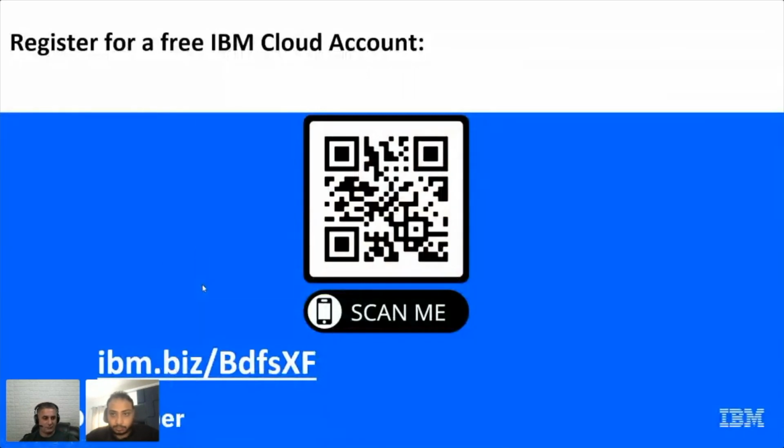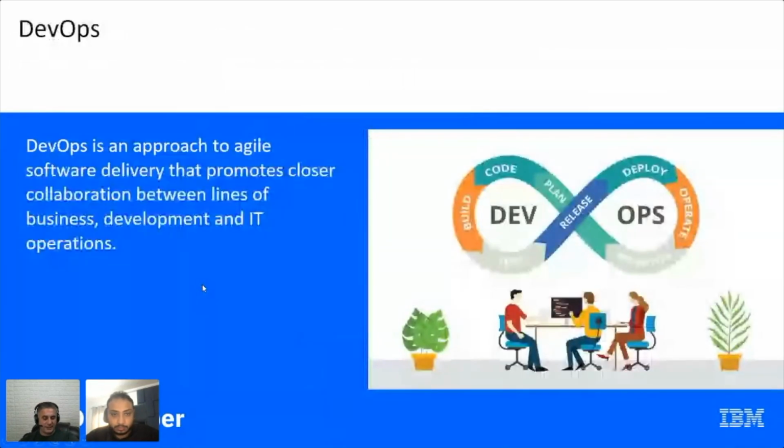All right, so we just want to take it from a very high level view and then work towards Tekton and OpenShift pipelines. So the methodology right now for software development is what's called DevOps.